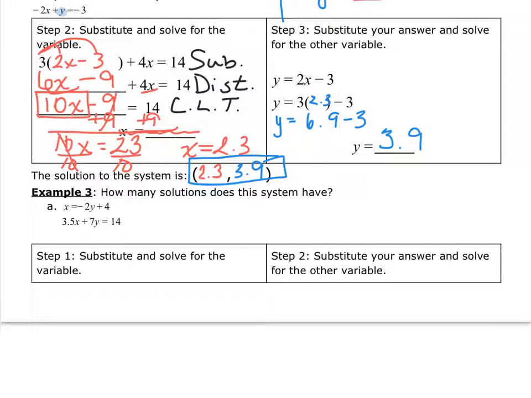All right, so the first thing I'm going to do is substitute and solve. So which equation am I going to substitute into the other? Are one of these equations already solved for a variable? Which one? The top one. So I'm going to substitute x equals negative 2y plus 4 in for x.